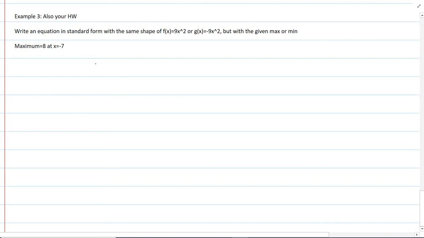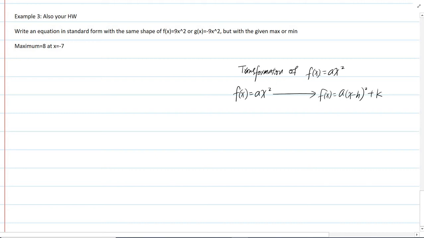So before we do this, we have to recall from previous lessons. We have learned about the transformation. So let's go ahead and recall this, okay? Transformation of f of x equal to ax squared. We transform this to the standard form f of x equals a(x minus h) squared plus k.